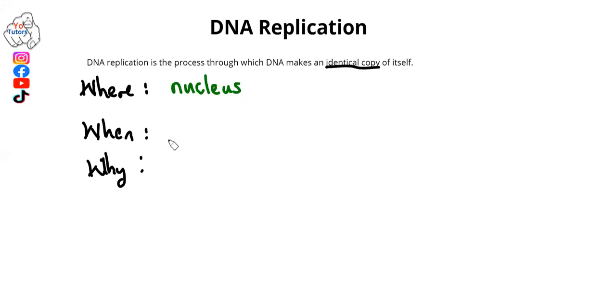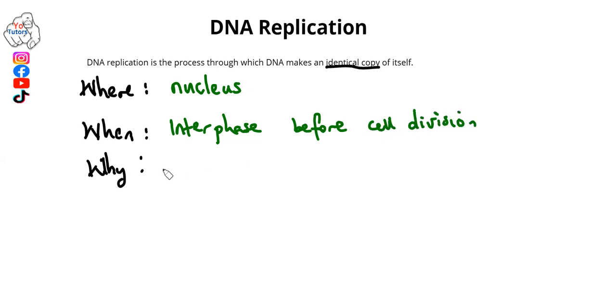So it occurs in the nucleus during interphase, before cell division. Why? So that it ensures that we have enough DNA.